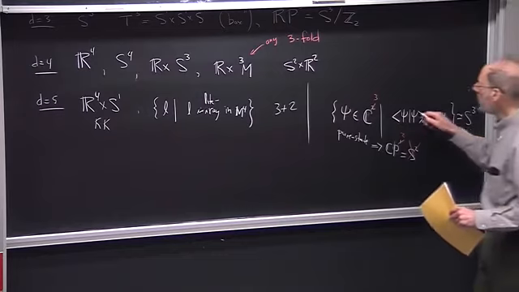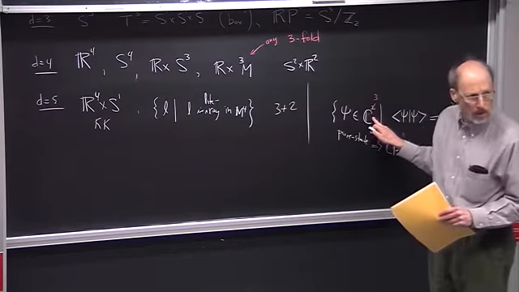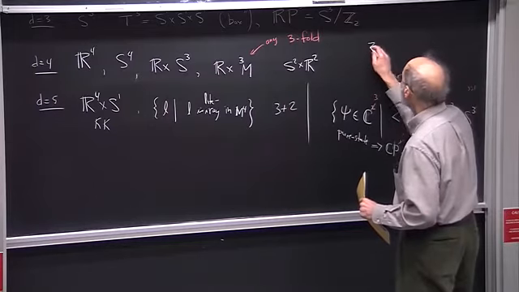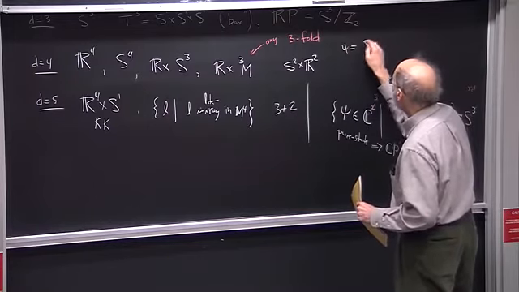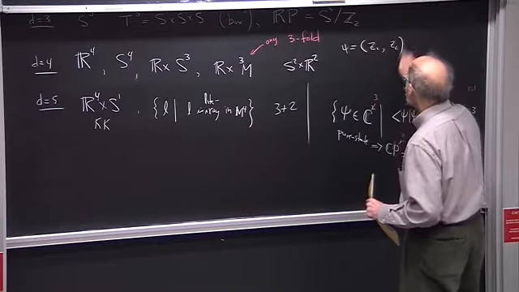But when I say C2 here, that means I can just think of them as pairs of complex numbers, Z1, Z2, like that.